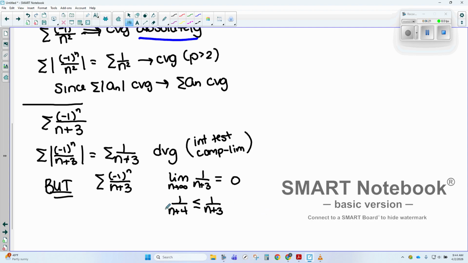I can say this because the denominator is bigger, so the fraction is smaller. The series converges by the alternating series test. The absolute value series diverges, but the alternating version of that series converges. We say that this converges conditionally.